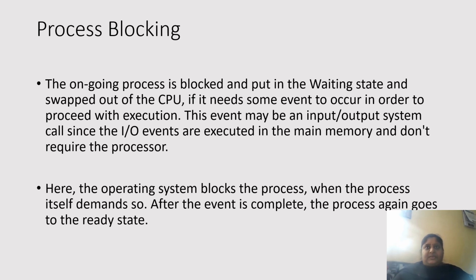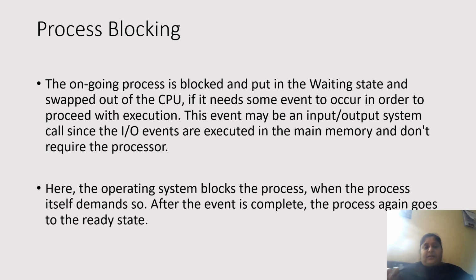So the ongoing process is blocked if any I/O is to be executed. At that time the process will be blocked, put in the waiting state and swapped out of the CPU, and the event occurs outside the CPU.